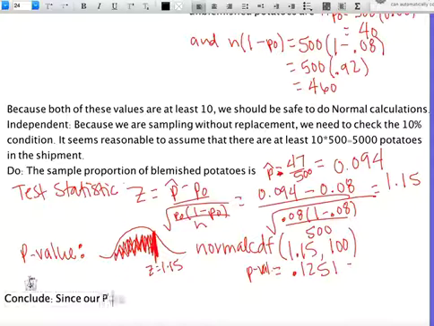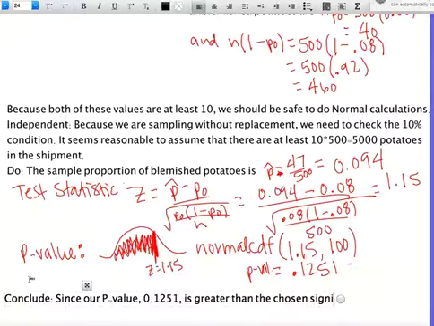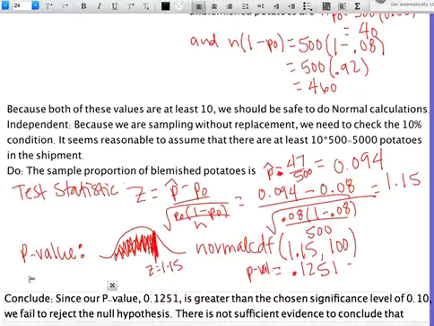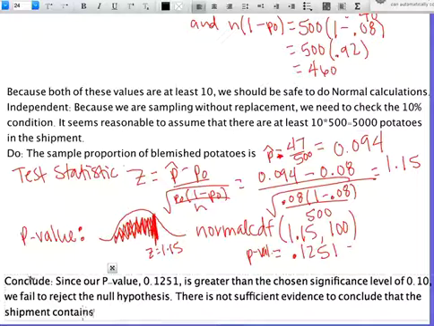So we would say since our p-value 0.1251 is greater than the chosen significance level of 0.10, so alpha equals 0.10, we fail to reject the null hypothesis, and we say that there is not sufficient evidence to conclude that the shipment contains more than 8% blemished potatoes.